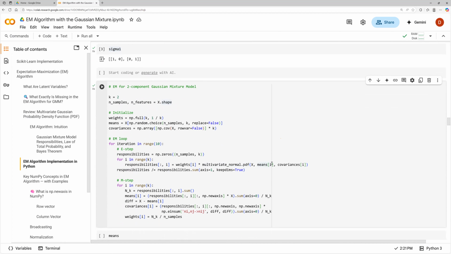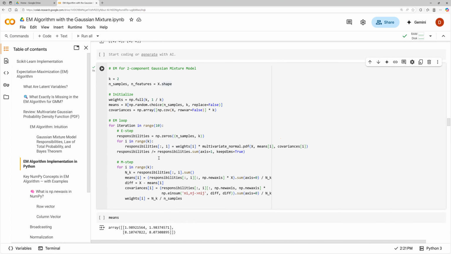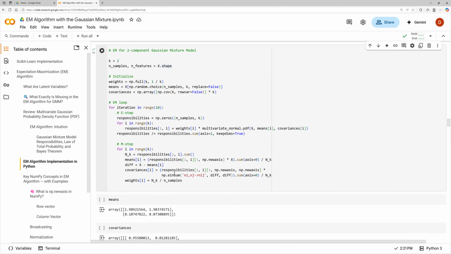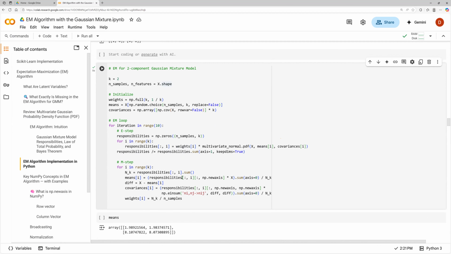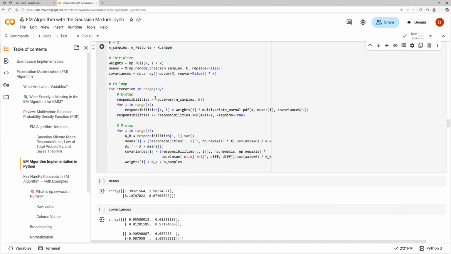Remember that we have to take one data point at a time. And then we get the responsibilities. In the M step, we start updating the covariances, the weights, and the means based on the responsibilities. That's a quick overview.